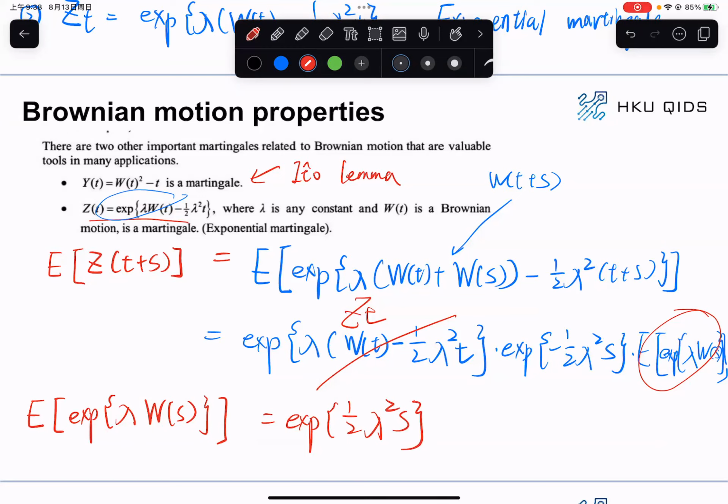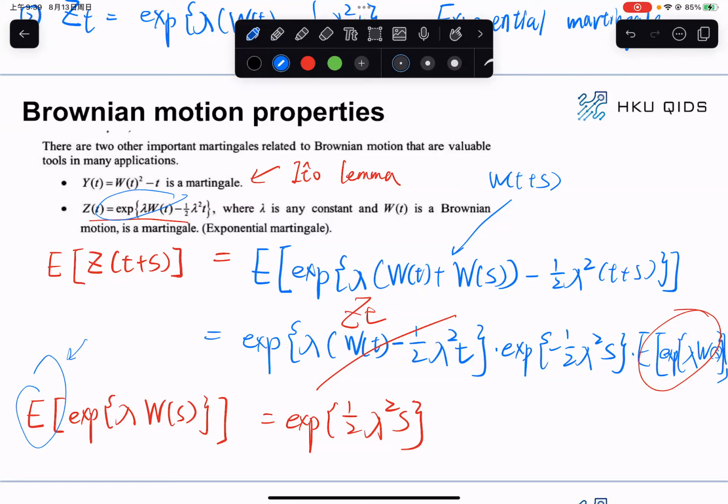You may ask why. Remember when we talked about the moment generating function, we said another application is that if it follows a certain format for the moment generating function of a certain distribution, for example the Gaussian distribution, then we can directly change it into another format to cancel out the exponential sign, this expectation sign.